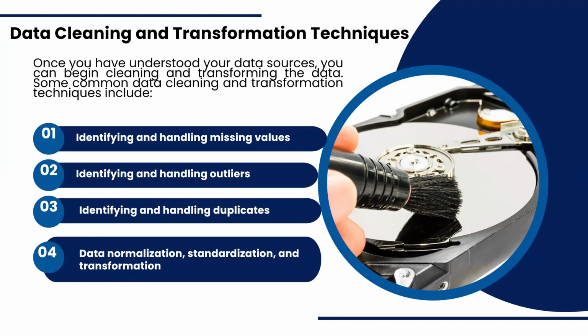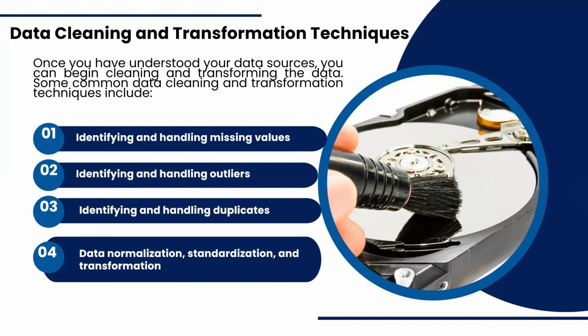Then finally, we have data normalization, standardization, and transformation. Data normalization and standardization are techniques for bringing data into a consistent form. Normalization involves converting data to a common format, such as all numbers being stored as integers or floats.